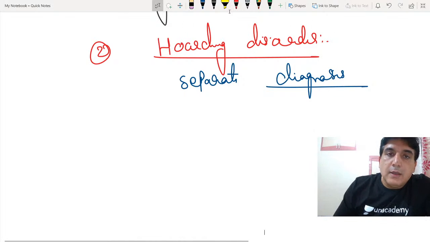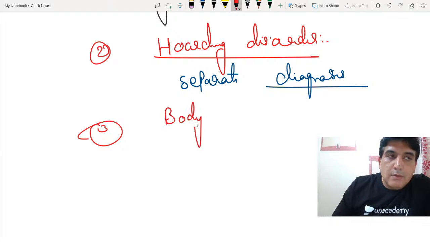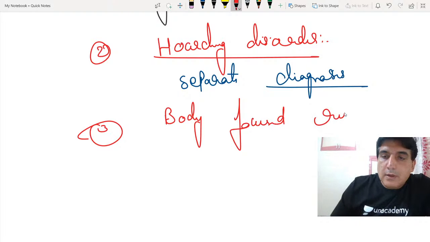Another new diagnostic entity is body focused repetitive disorder.